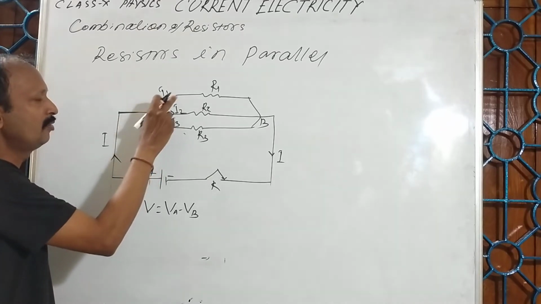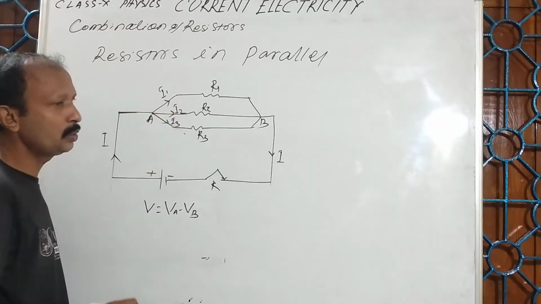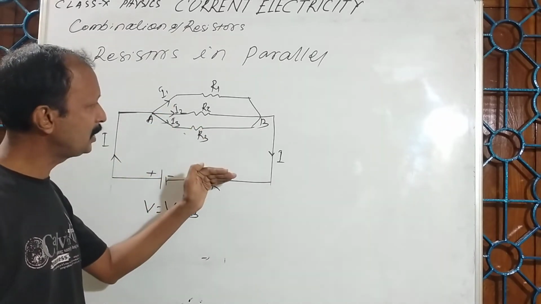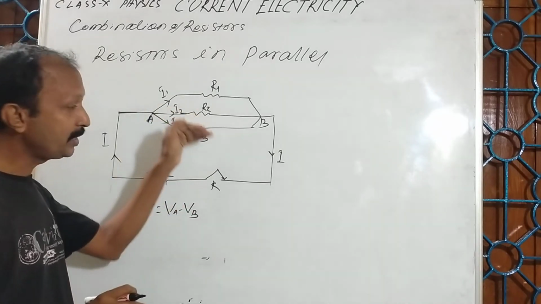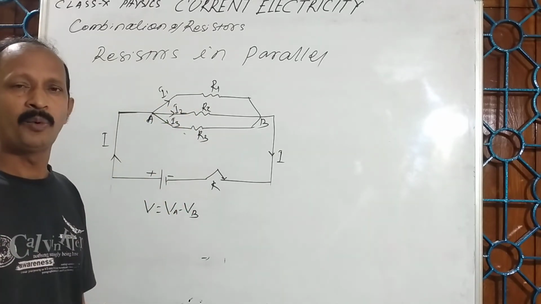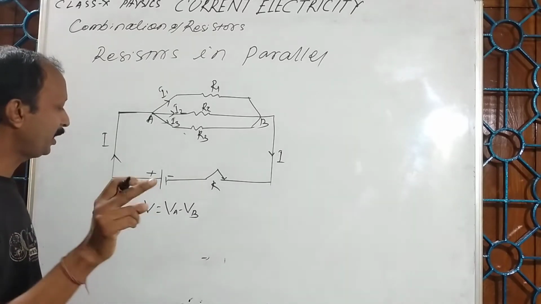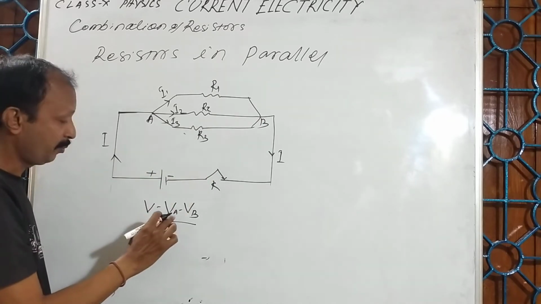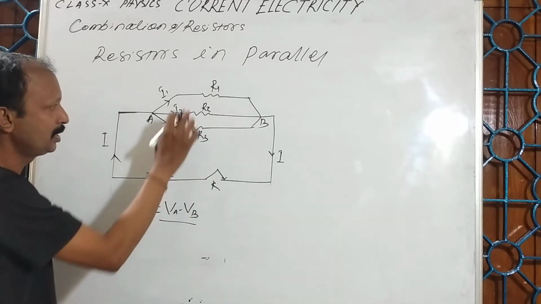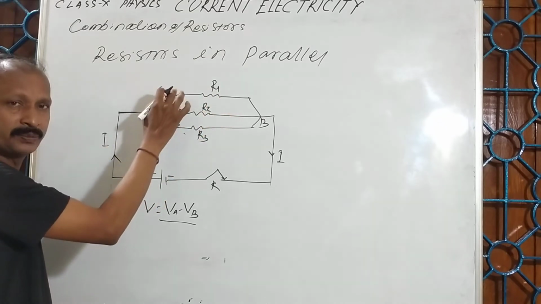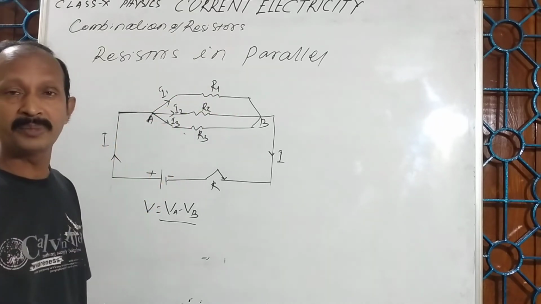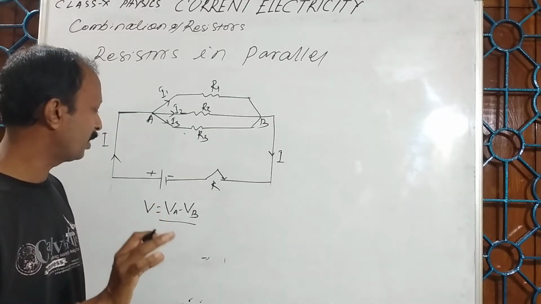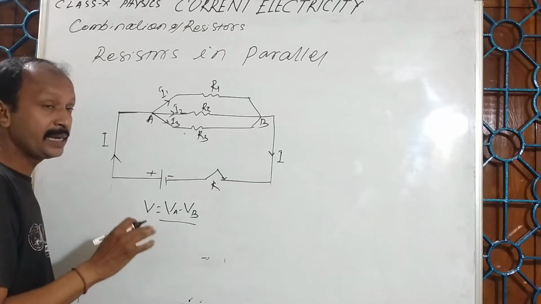Suppose the current through the first is I1, the second I2 and the third I3. That means the current is divided among the resistors, but the potential difference is the same, because it is always the difference between A and B. All the resistors have their first terminal at one point and their second terminal at another common point, so there is no difference in potential difference. Only the current differs.